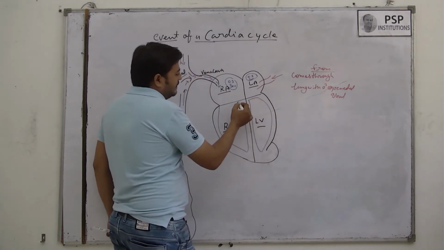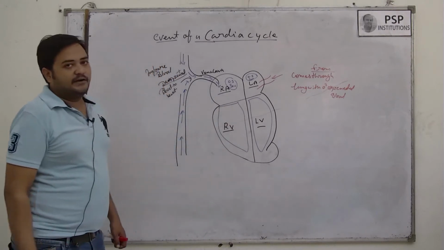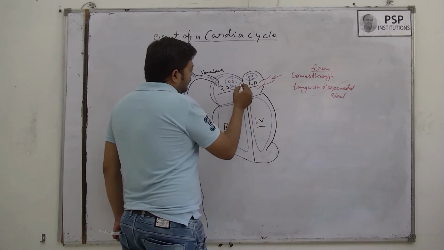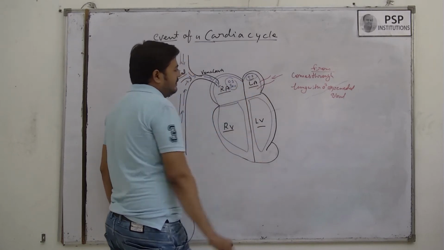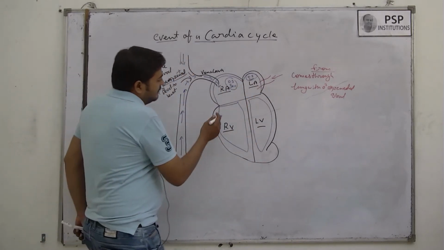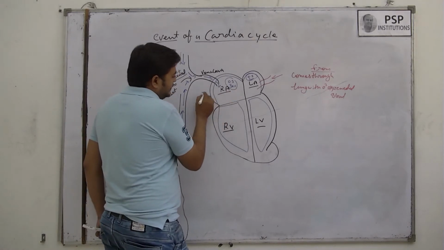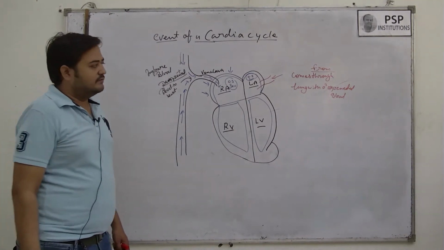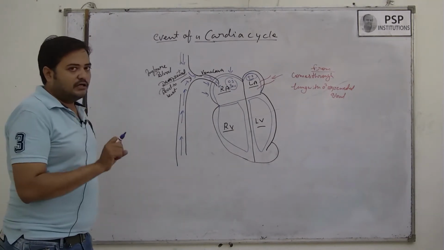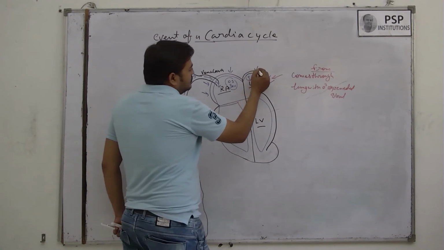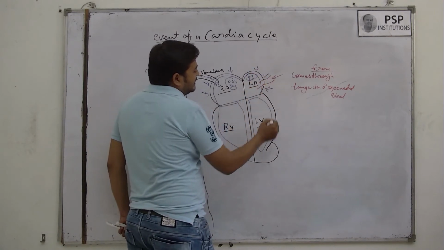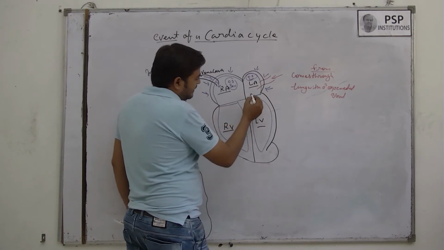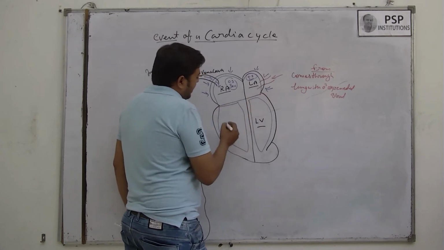Now we are moving forward and we see that when the pressure increases here, that is atrial systole. When contraction happens, it is called systolic pressure. So this atrial pressure increases, and this blood comes to the right ventricle, this blood comes to the left ventricle.